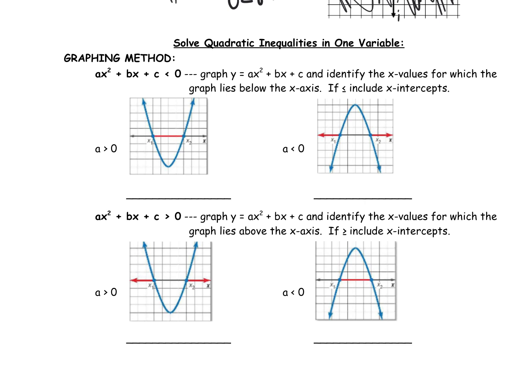So if our a is positive, that means it's opening up. We're going to be looking for points between the x-intercepts.